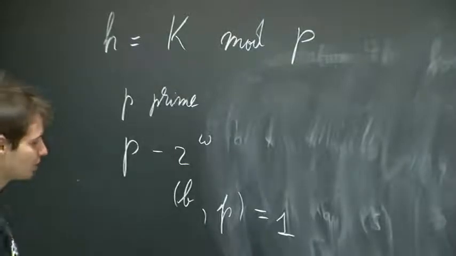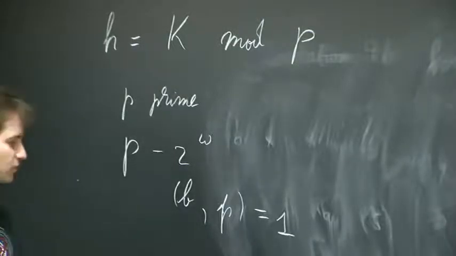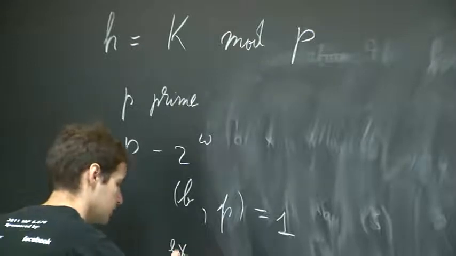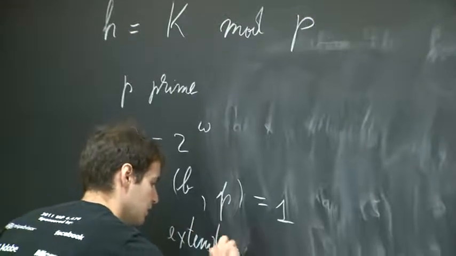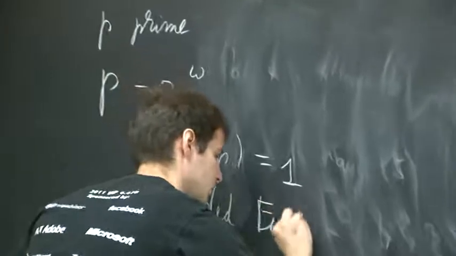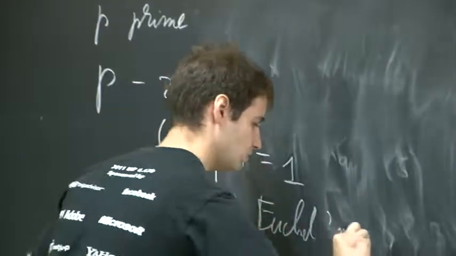Because the way you compute multiplicative inverses is you use something called the extended Euclid's method.